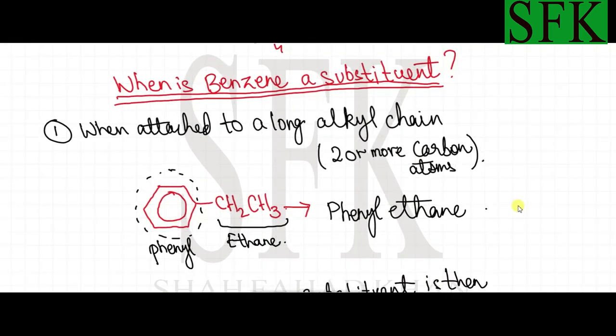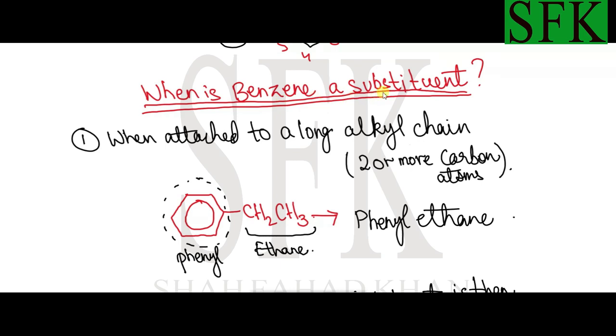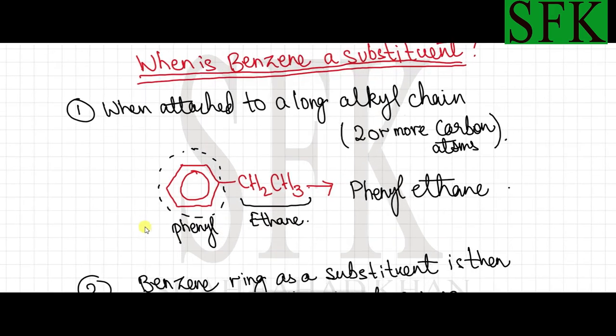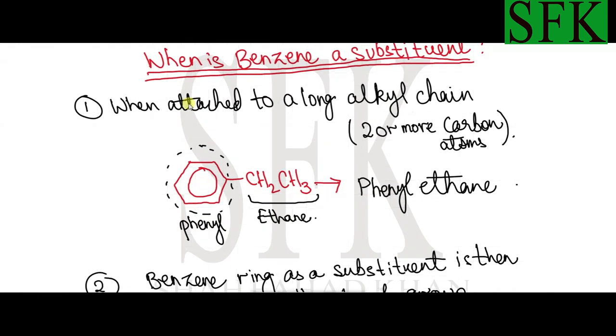Last part of naming. When is benzene considered a substituent? When is benzene given the name phenyl, the phenyl group that we gave earlier? Okay, so these are some special cases when benzene is considered a substituent, and it's referred to as the phenyl group. First, when benzene is attached to a long alkyl chain.